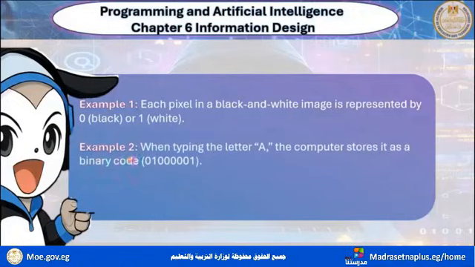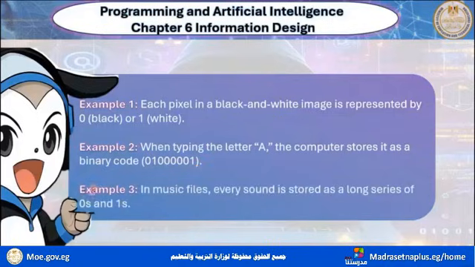Example 2. When typing the letter A, the computer stores it as binary code. Example 3. In music files, every sound is stored as a long series of zeros and ones.